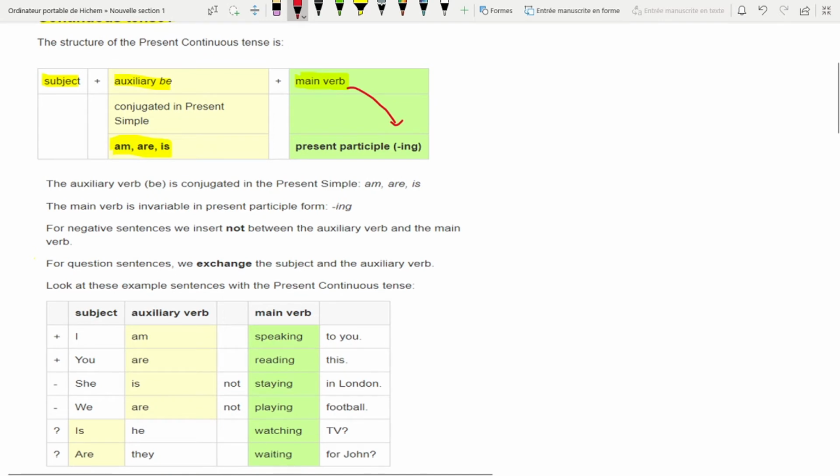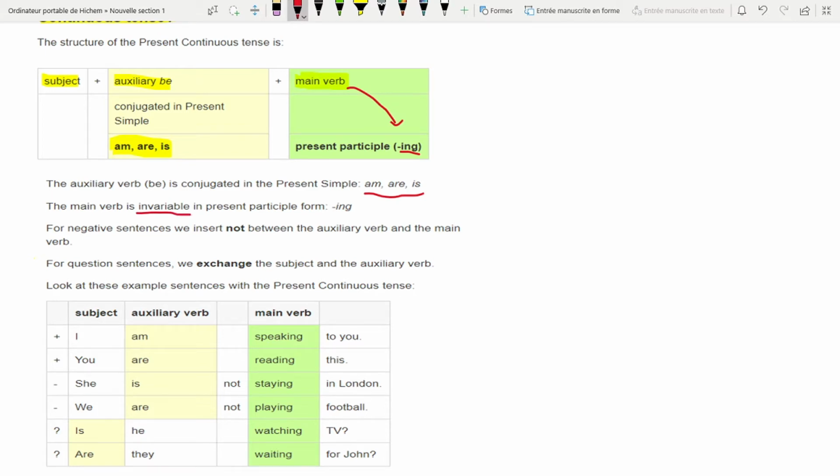So to recapitulate real quick, the auxiliary verb be is conjugated in the present simple, which means it's either am, are, or is. And the main verb is invariable in present participle form. So when you add an ing to a verb, it is called the present participle form. What do you mean by invariable?